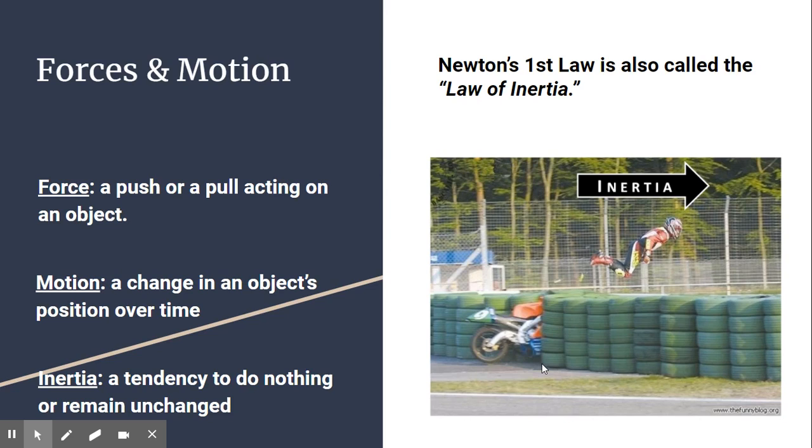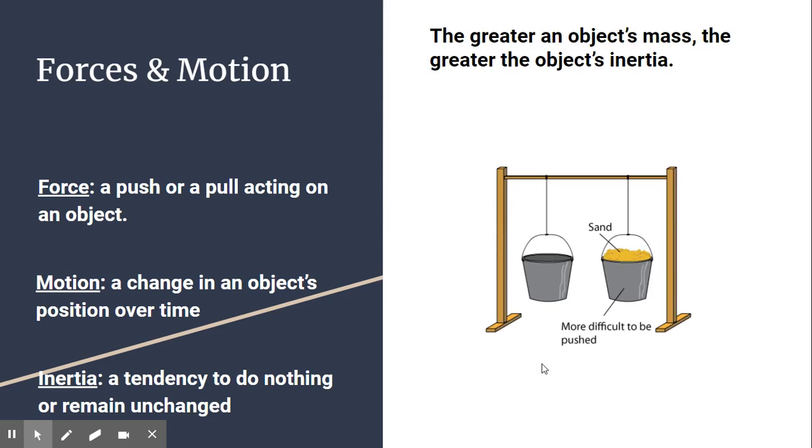One important idea about inertia involves an object's mass. The larger the mass of the object, the greater its inertia, or the more it takes to change its movement. If something has a smaller mass, it takes less force to begin moving the object.